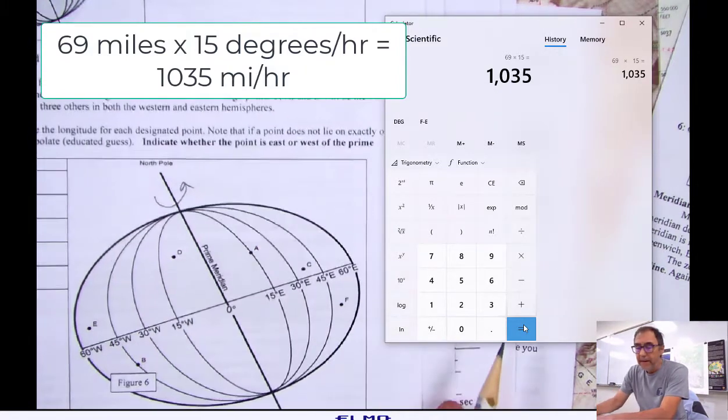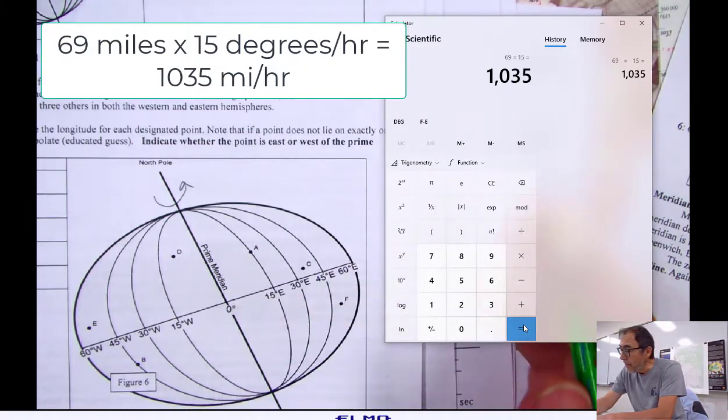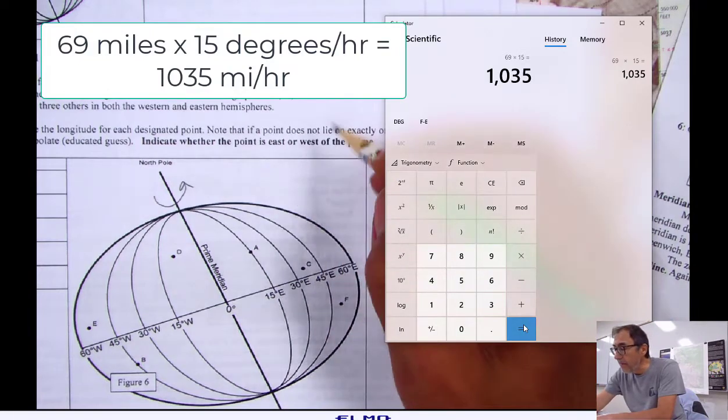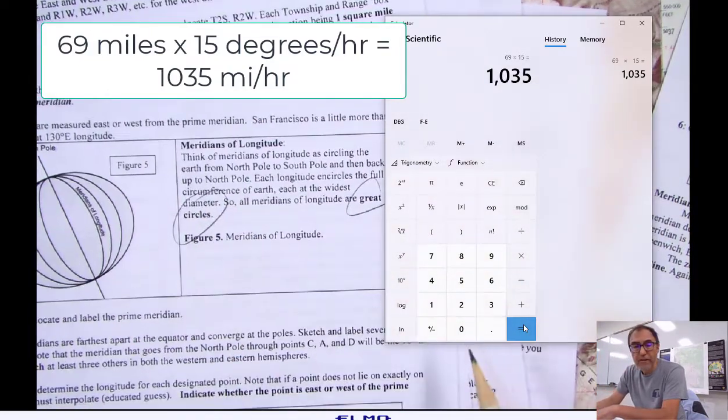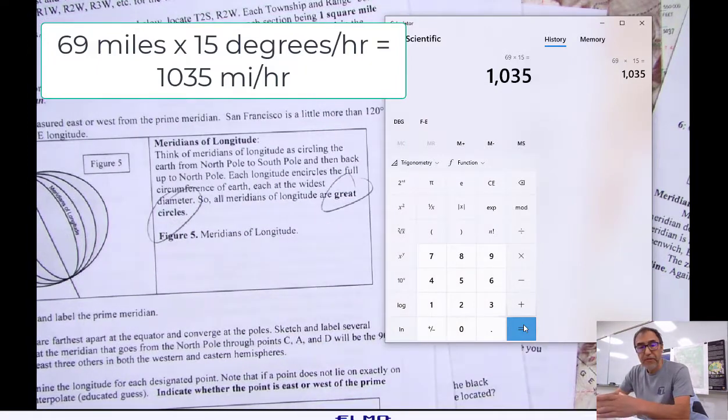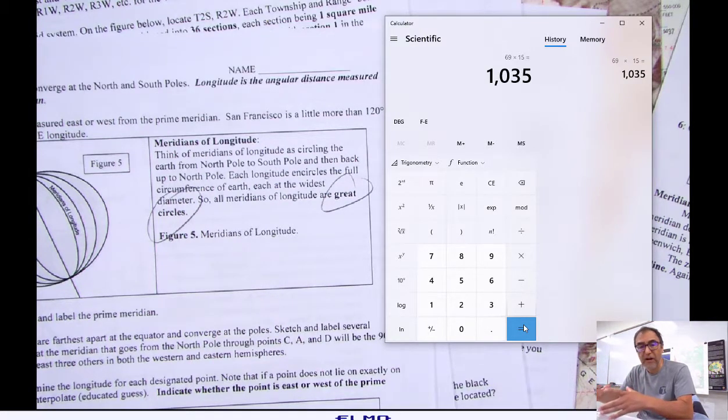And remember, these 69s have to do with great circles. A great circle would be the full circumference of Earth, the 40,000 kilometers, 24,000 miles, right? It's the full circumference of Earth.